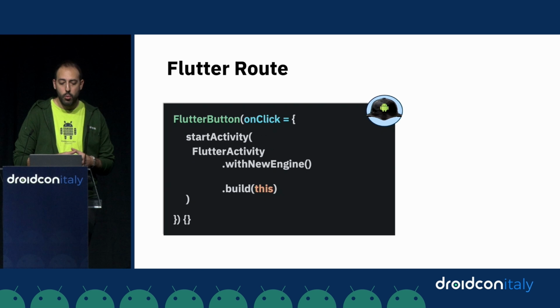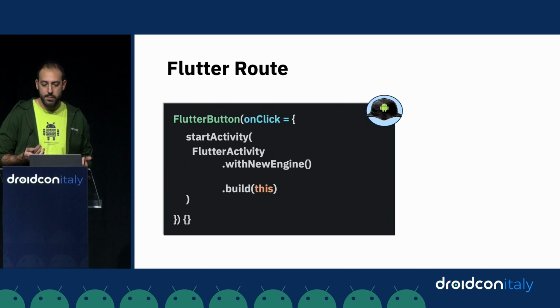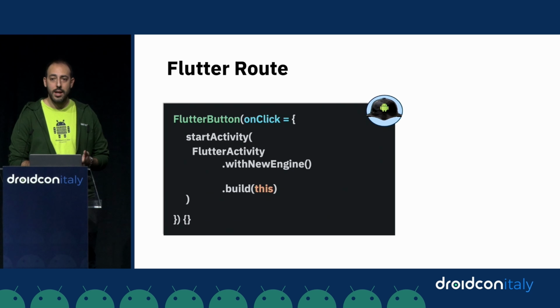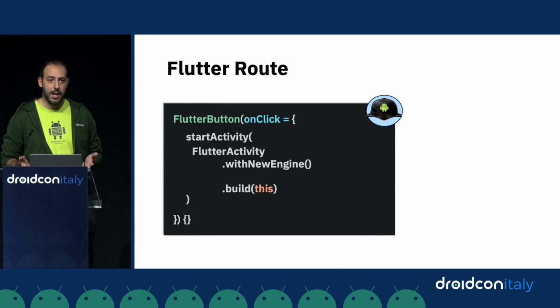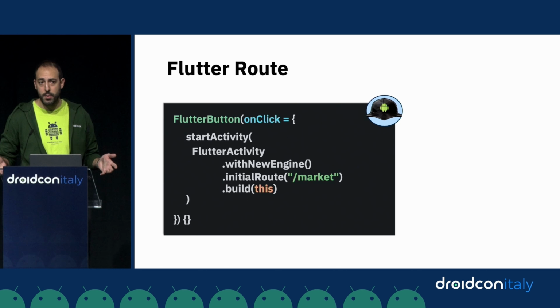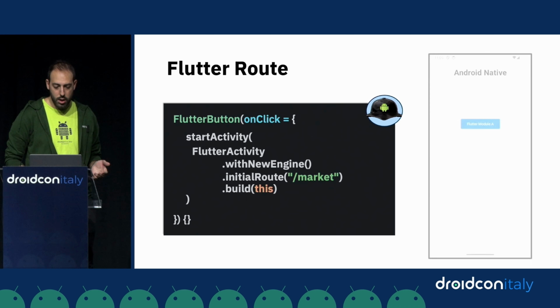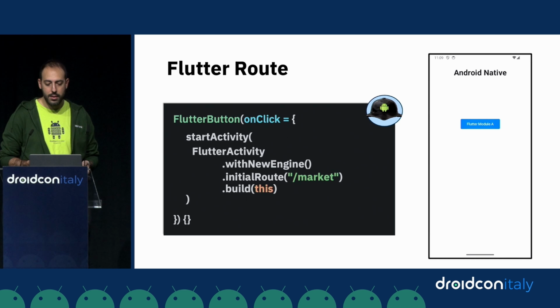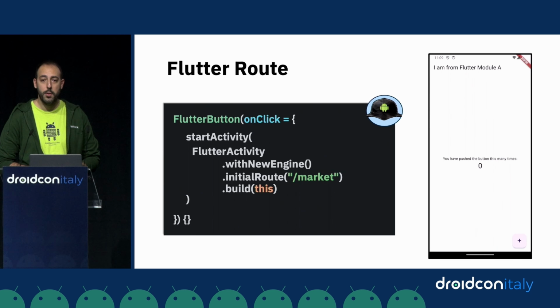In this case, we have another object from the Flutter framework, which is Flutter activity. Flutter activity has a builder. With the builder, you can instantiate a new Flutter engine and then set your initial route, which is market. In this way, on the click, you can open the Flutter module A, and it's done.